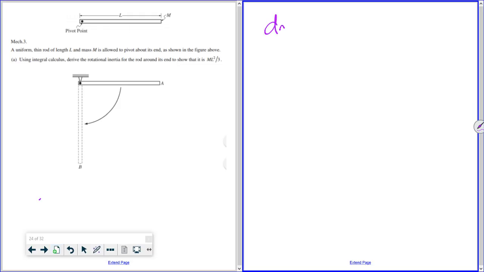We decided that dm was m over L dr, and we decided that I was the integral of r squared dm, right? Now, technically speaking, when you integrate with respect to mass, you want to integrate from a mass of 0 until you get to the total mass. So this is a capital M, this is a little m.